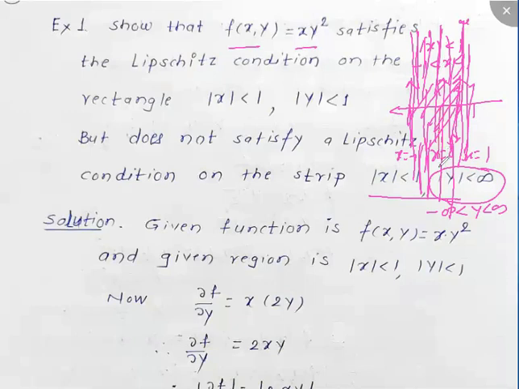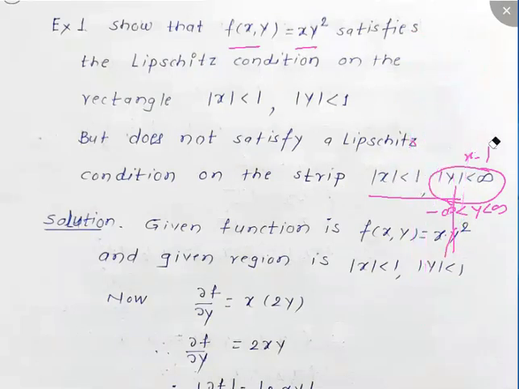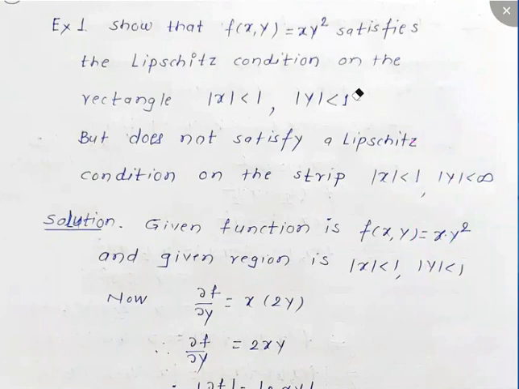Y can take any value between minus infinity and plus infinity. So it is a strip in between x equal to minus 1 and x equal to plus 1. So one region is a rectangle and another is a strip.